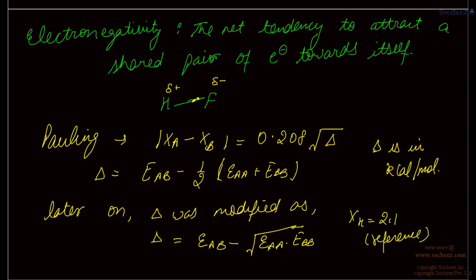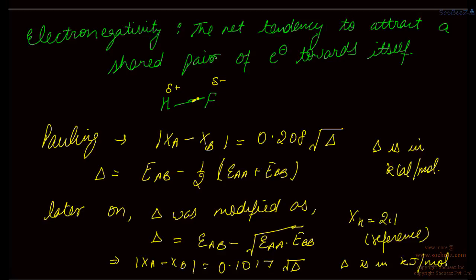This is nothing but an arbitrary value. So from here he got the value of electronegativity difference as 0.1017 under root delta, where delta is in kilojoule per mole.